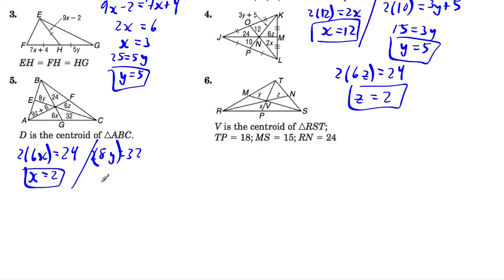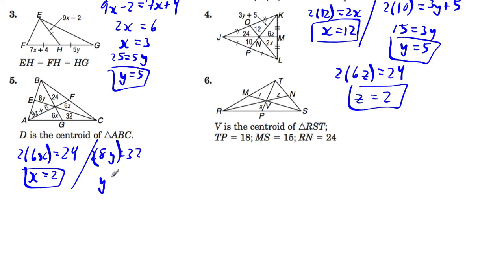And then finally here, our second to last, penultimately, D is a centroid of ABC. Yet again, same centroid theorem type problem. So if we look, 2 times 6x is equal to 24. So that's 12. So x is equal to 2. For the y's, 2 times 8y is equal to 32.